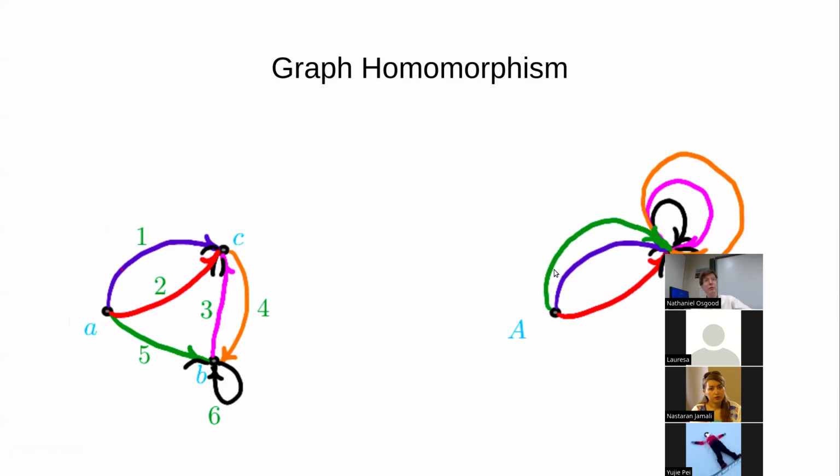Do you see that? So arrows from A here on the left go to the place to which their targets are mapped over here. Their equivalent over here go to this place to which their targets are mapped.